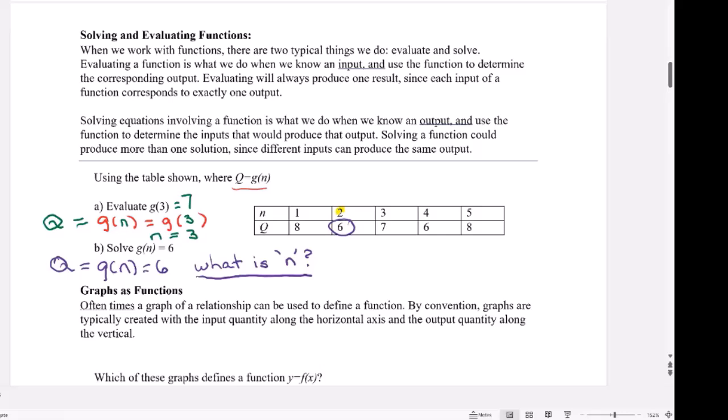And I look here at my N, and my N is equal to 2. I could also say now that G of 2 is equal to 6. Okay? So that's how we can read functions on tables.